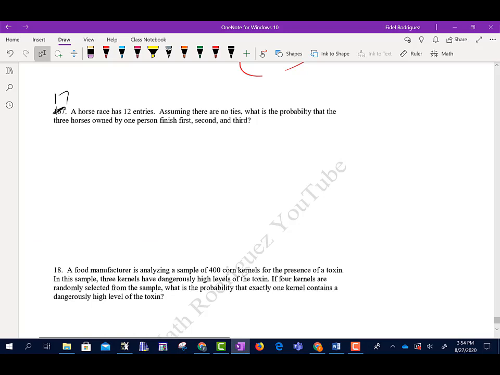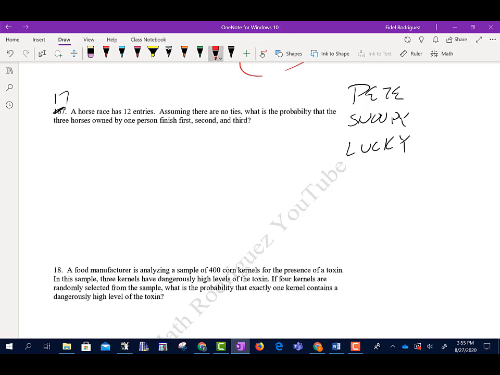Okay, so it says, assuming there are no ties, what's the probability that 3 horses owned by one person finished first, second, and third? So those 3 horses, guys, say, I don't know, Prickly Pete, Snoopy, and, I don't know, Lucky. Say those are the 3 horses, right?